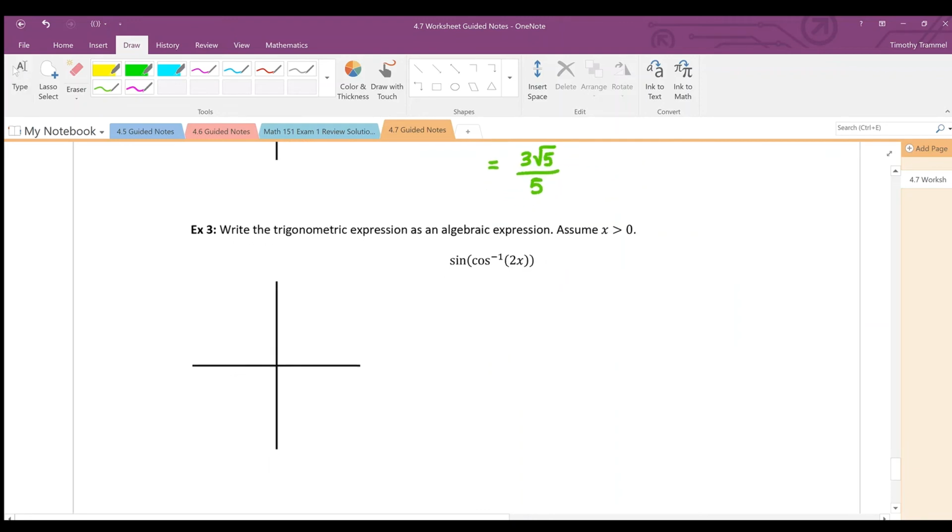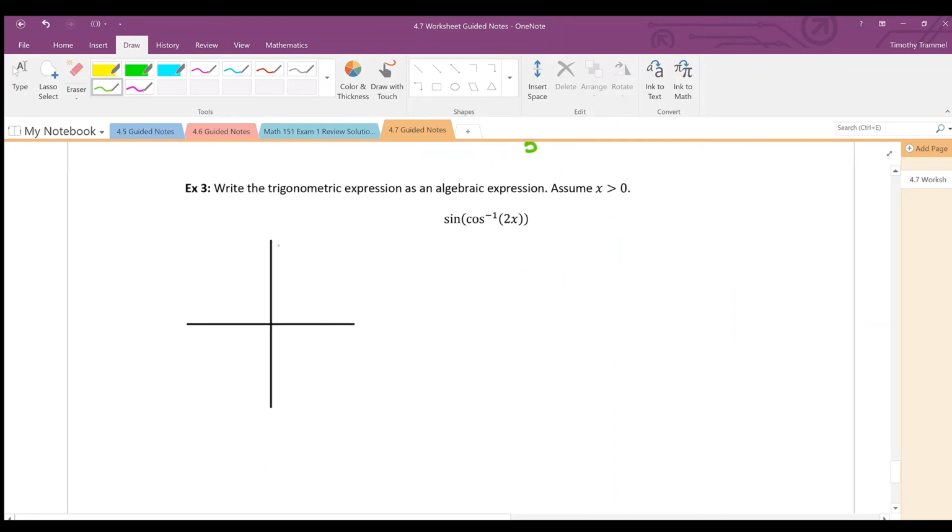And this one might be a little bit more confusing because we have x in here. Let's see how we might want to approach this one. Well, let's think about that 2x in there for a second. It must be positive because x is greater than 0. We're going to need to think about that here in a minute.